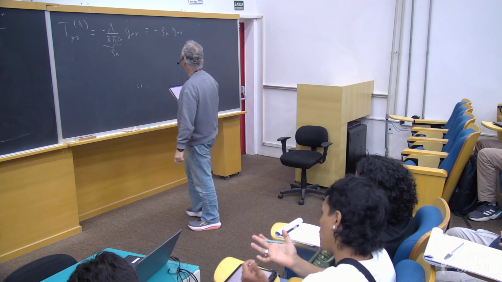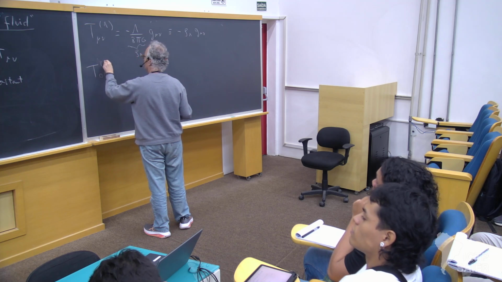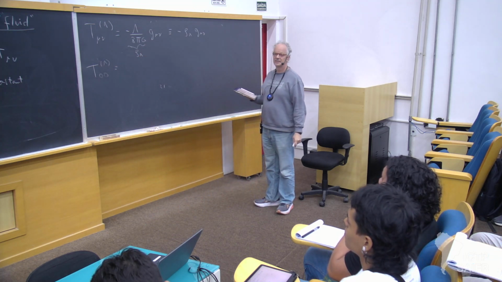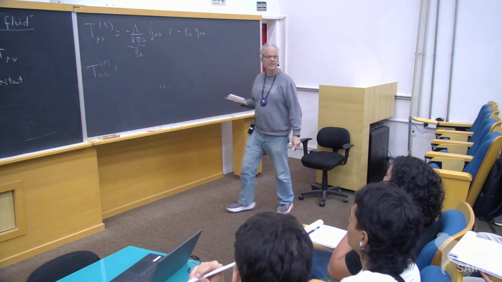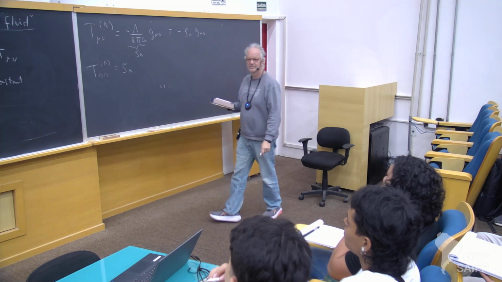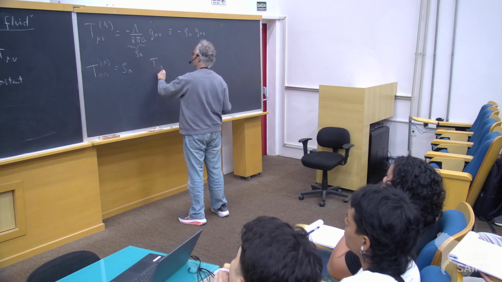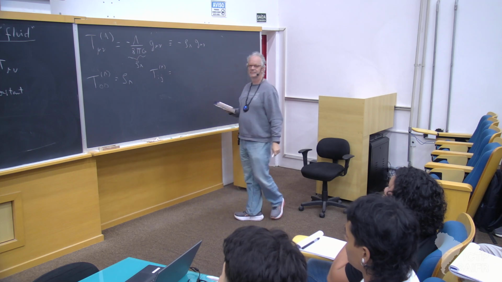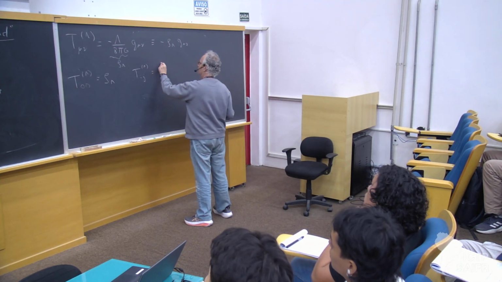So if I write like that, what is the 0, 0 component of this tensor? Rho lambda. What is the ij component of this tensor? Yes, a squared rho lambda.